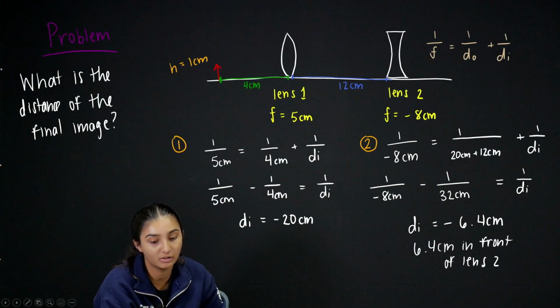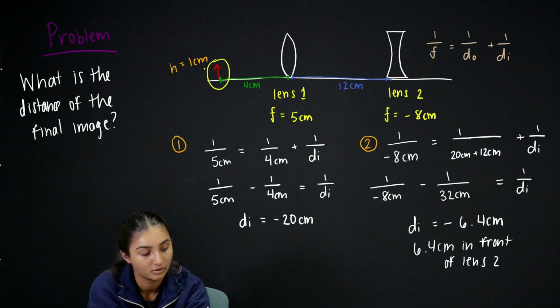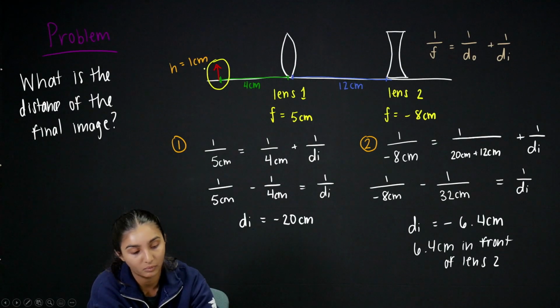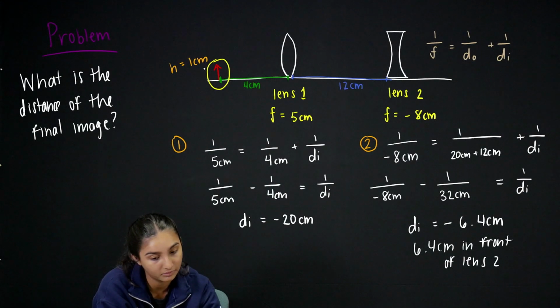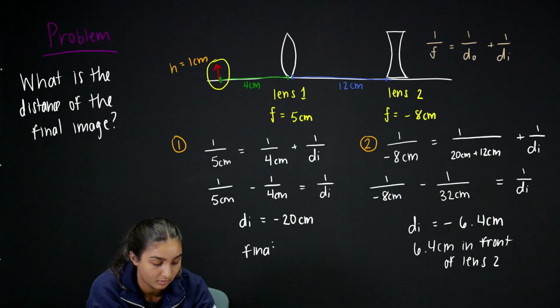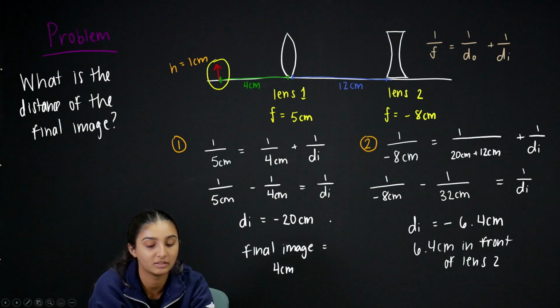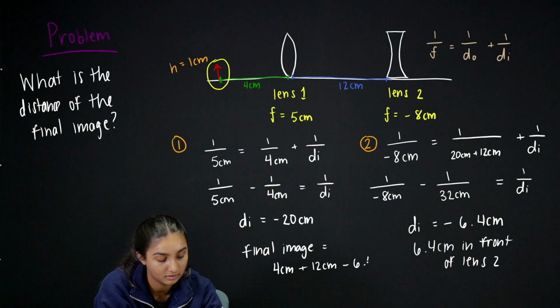But we want the distance of the final image of the object. So we're going to look at it from its original point, which was right here. So if it's 6.4 centimeters in front of lens 2, we want to look at the difference. So the final image is going to be 4 centimeters, which is the distance between the object and the lens, plus 12 centimeters, but we're going to subtract 6.4 centimeters.